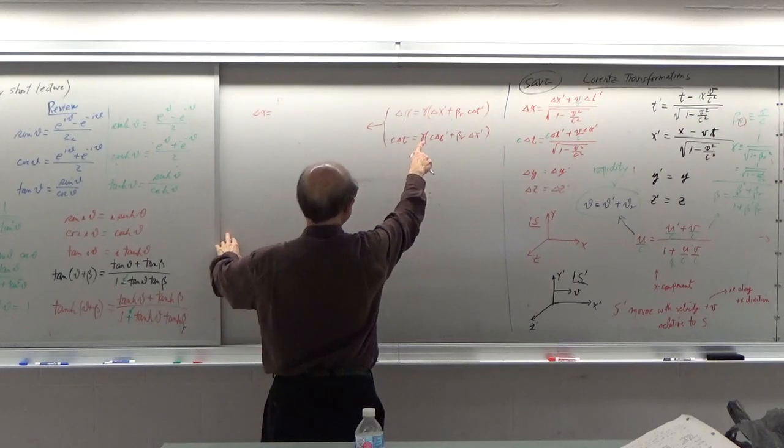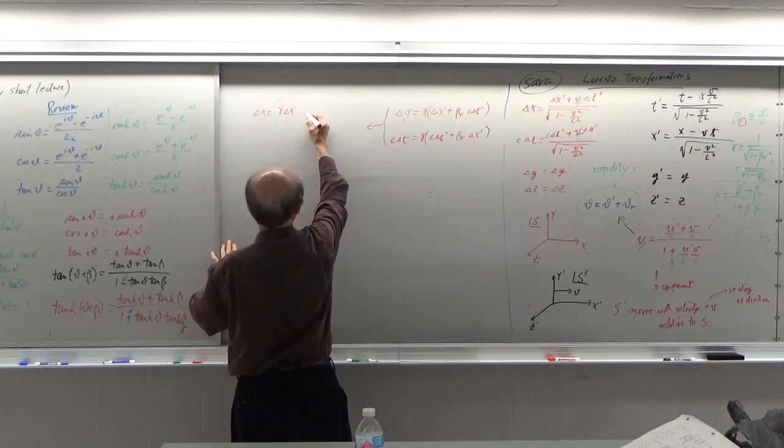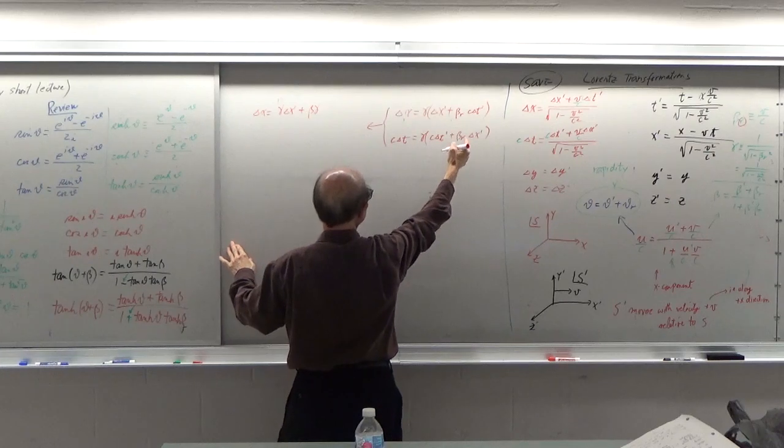This can be written as gamma delta x prime plus beta gamma... well, in fact, it's here already.